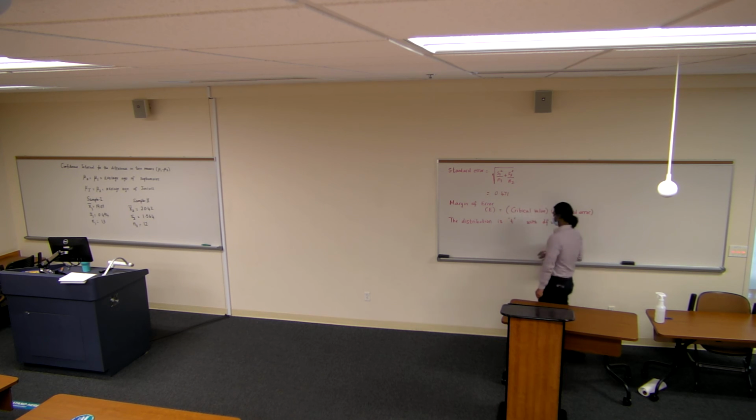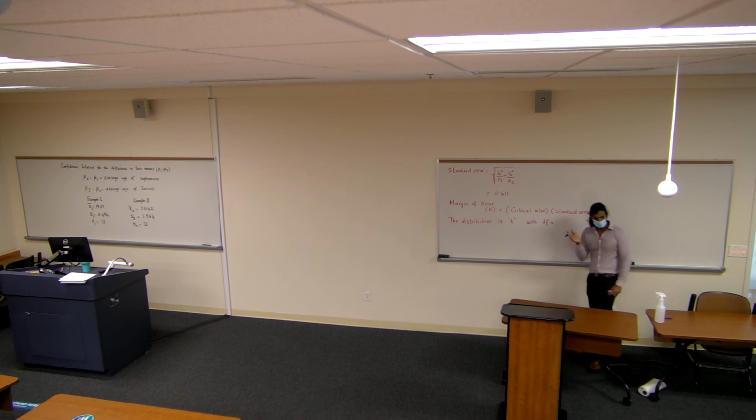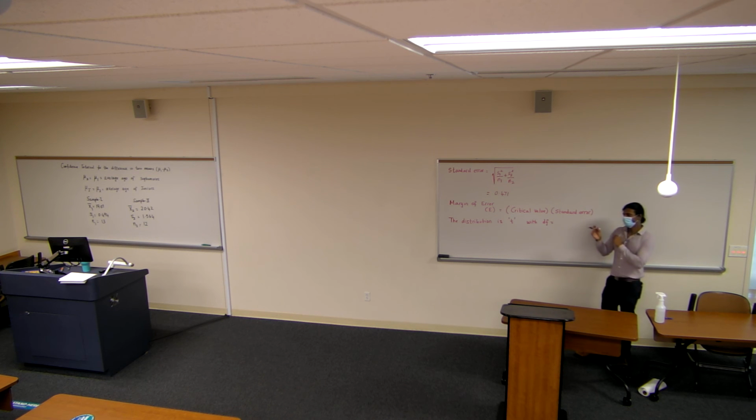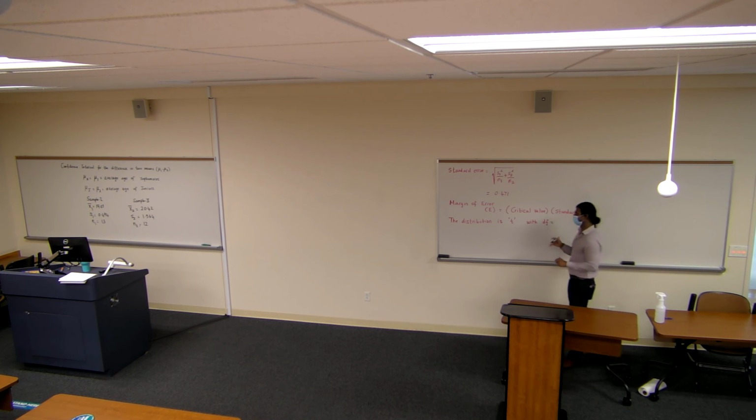Now, how do we find the degrees of freedom? That sort of is tricky in this case, since we have n1 and n2. If we simply had n1 or just n2, then the degrees of freedom would be n1 minus 1. That's what we did with the simple t-test.